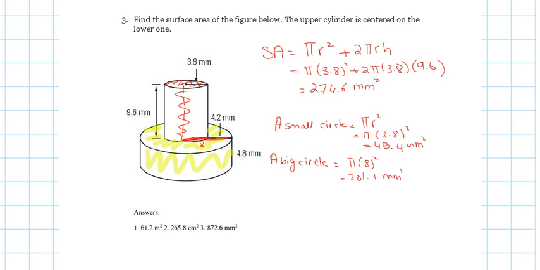So I found the area of the bigger circle. I found the area of the small circle. Now I have to subtract them. So that gives me the area of the leftover.